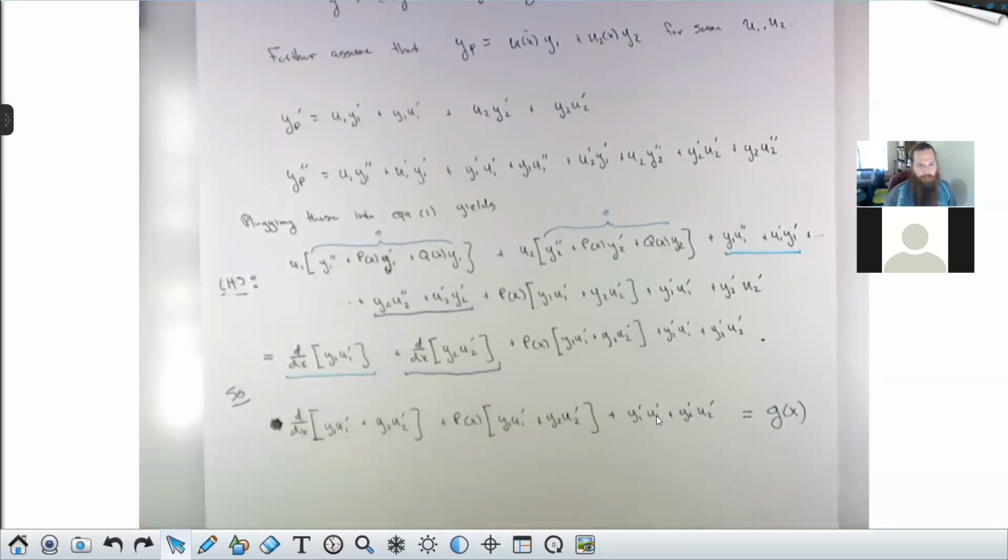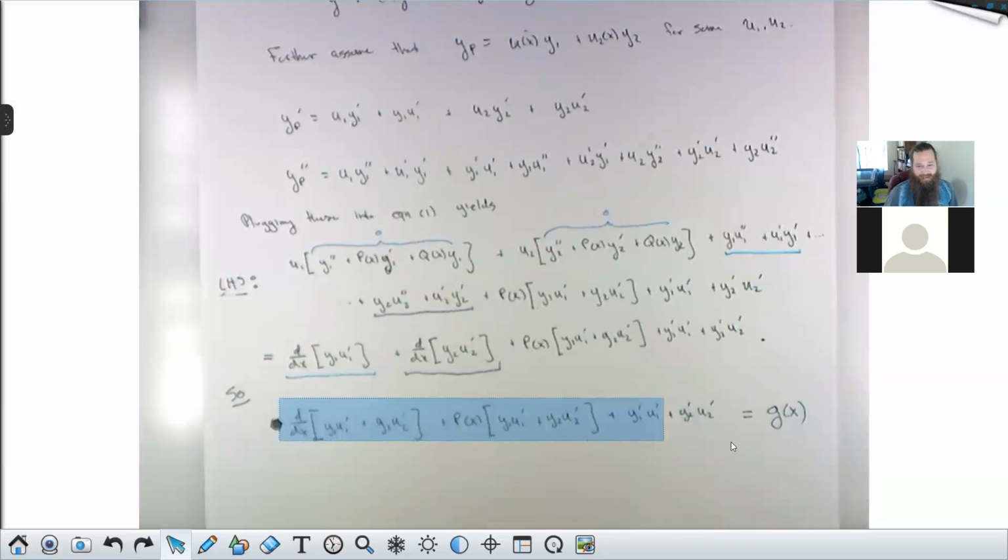This equation at the bottom is more than a little bit tricky. You've got a derivative of something, and this is y1 u1 prime plus y2 u2 prime, plus p of x times that same thing, right? y1 u1 prime plus y2 u2 prime, plus something else over here. These terms are equal to your right-hand side.